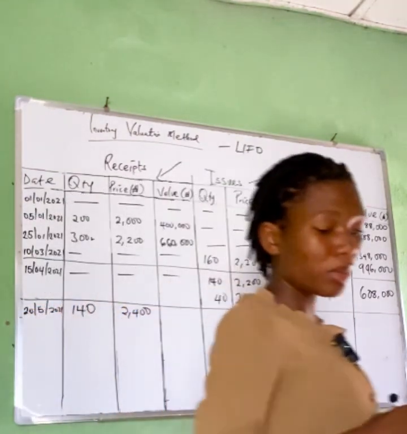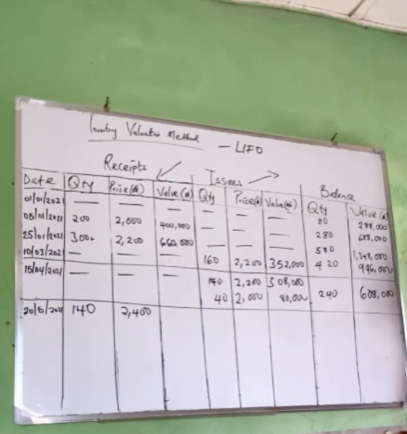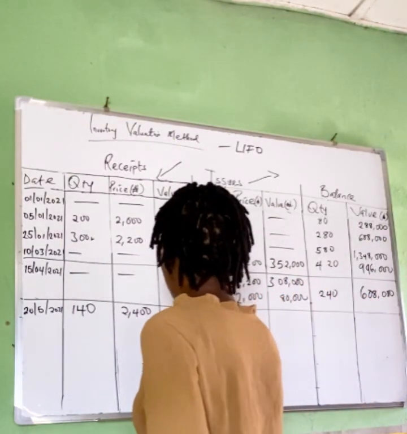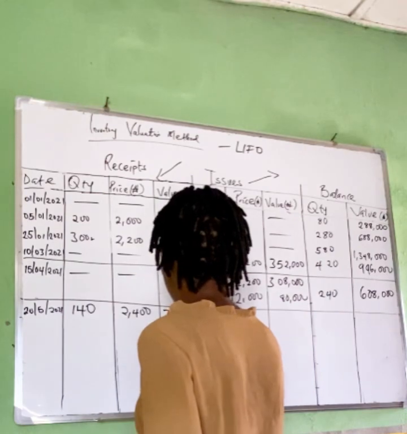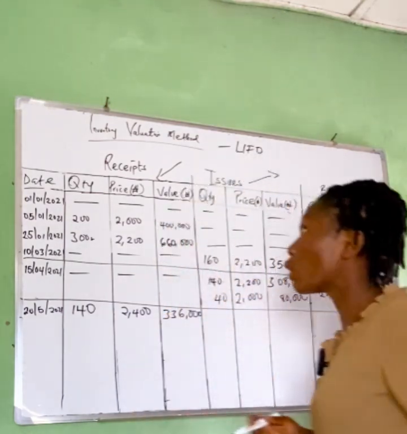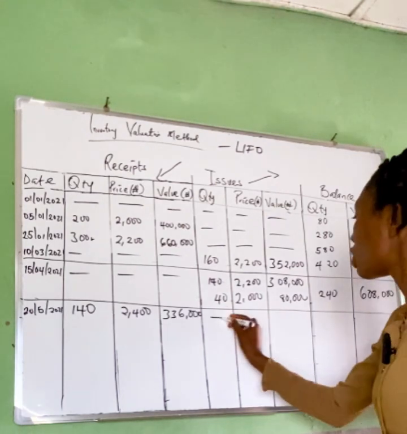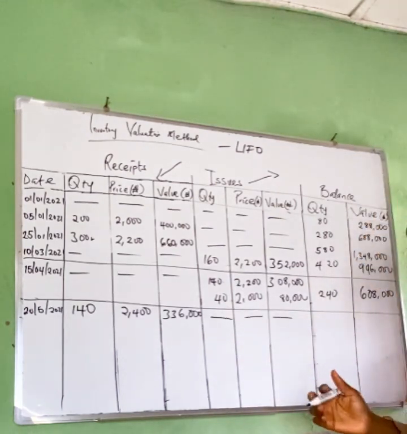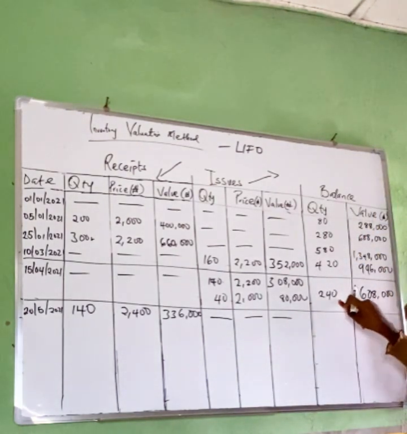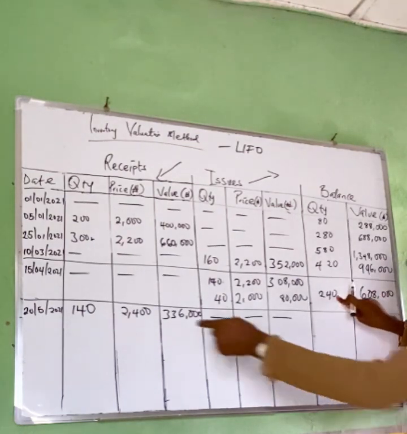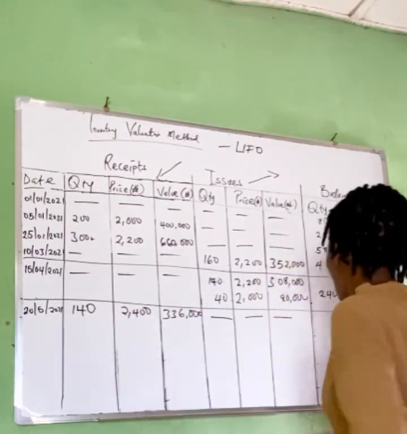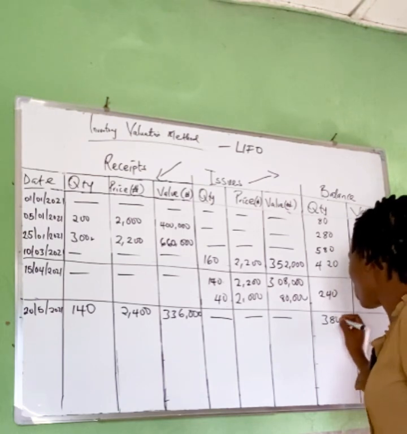When we multiply, that will be giving us 336,000 naira. Now, since it is a receipt, what we do is add. It is not an issue, so we are going to be adding. This is the most recent balance. We are adding it with the new receipt, to give us 380 units.